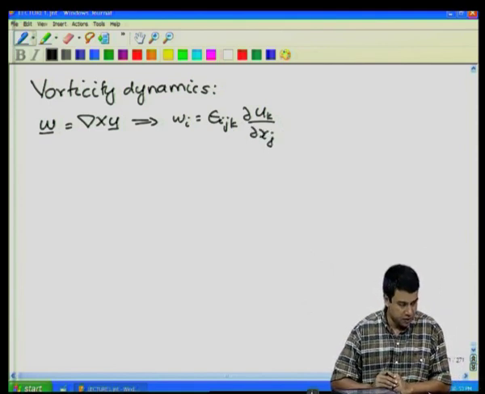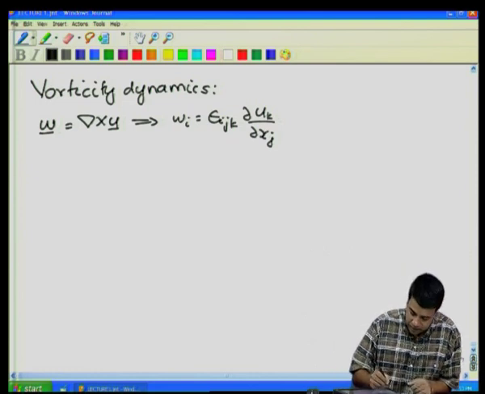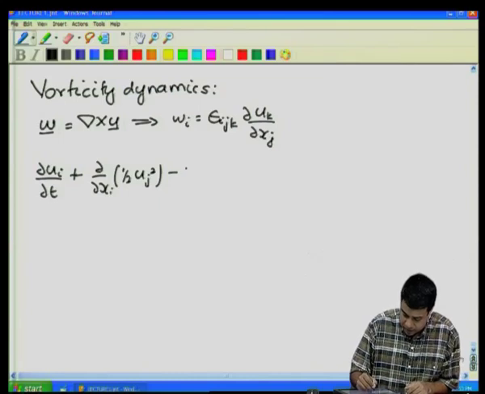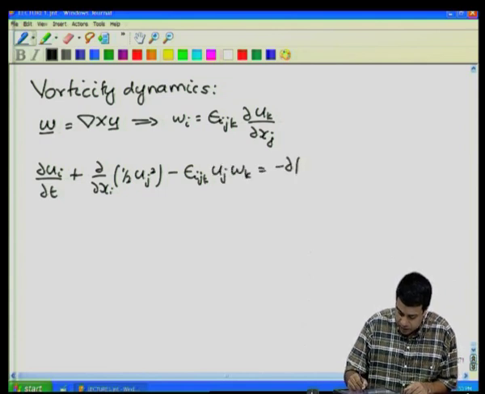And I showed you that the Navier-Stokes momentum conservation equation can be written partly in terms of the vorticity: partial u_i by partial t plus partial by partial x_i of half u_j squared minus epsilon_ijk u_j omega_k is equal to minus partial p by partial x_i.